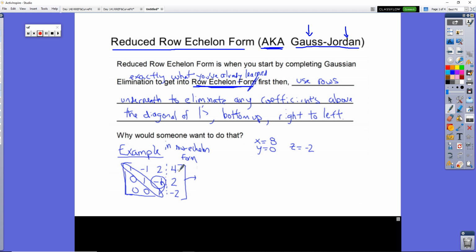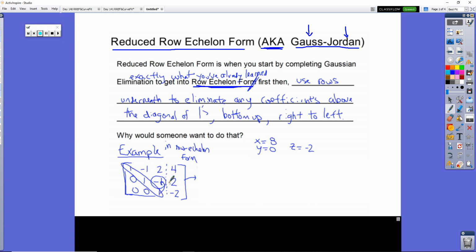And then you could put the letters back into the top row, plugging in the values for y and z, just like we've done in the past, and you figure out the answer for x is 8. So this would be the normal Gaussian elimination process, getting yourself into row echelon form and then back substituting.